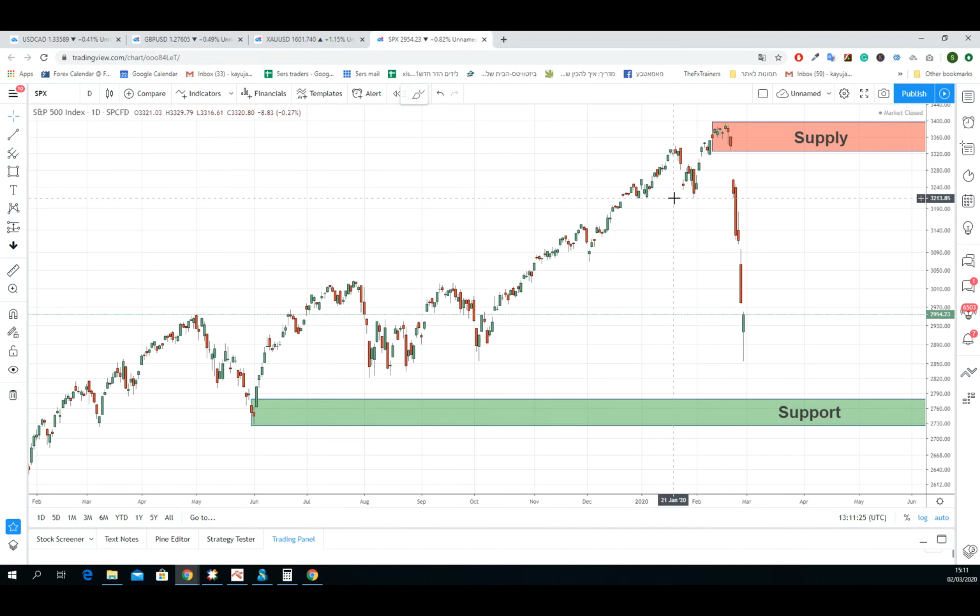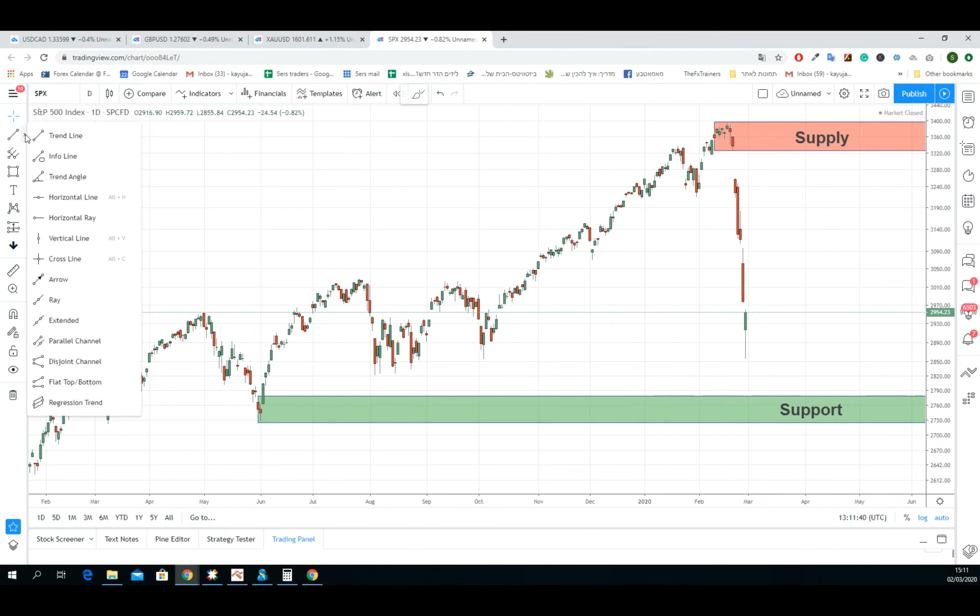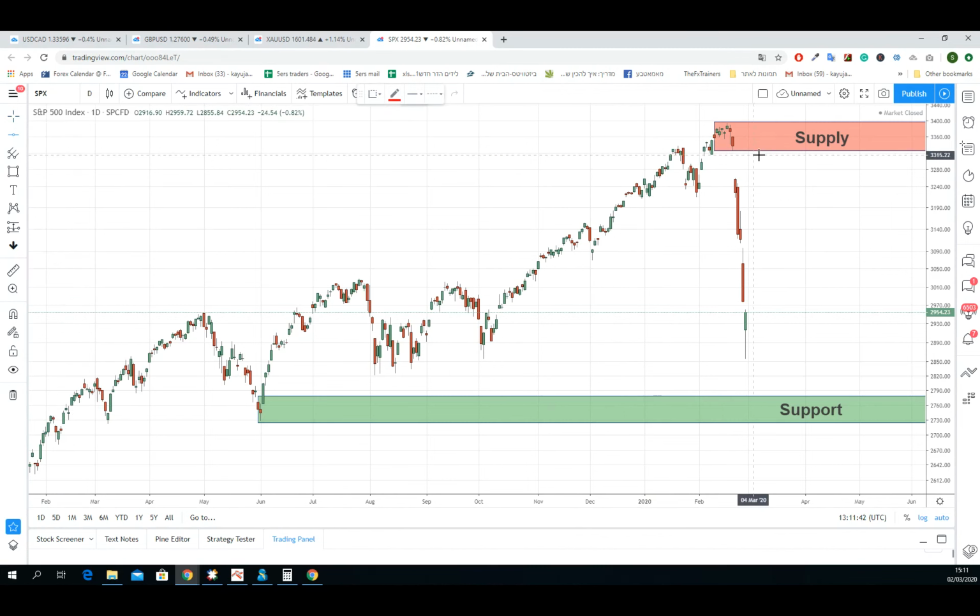And as you can see here on the daily chart, what happened, right? During this drop down, we can see that here at the top, we have a very clear situation of what is called the Quasimodo pattern.